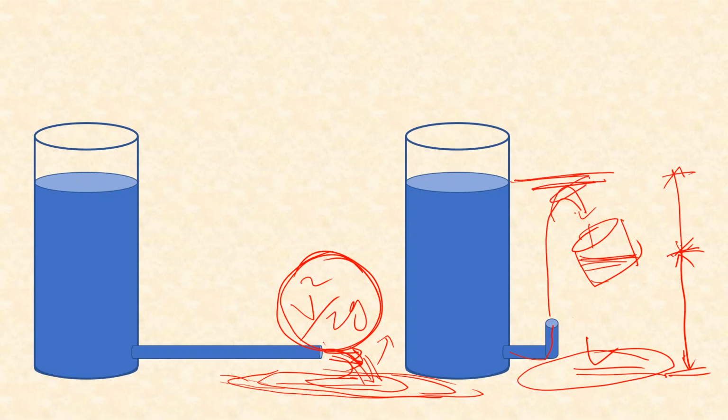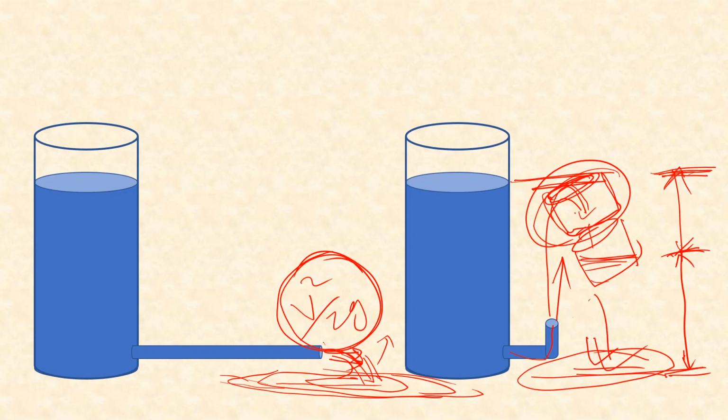If you keep the bucket right at the top of this fountain and collect the water, then you can say that I have restored whatever v square by 2g head was there at the outlet. I have now restored it in this bucket. But if you don't store the water, then the water will simply fall down on the floor and it will be lost.